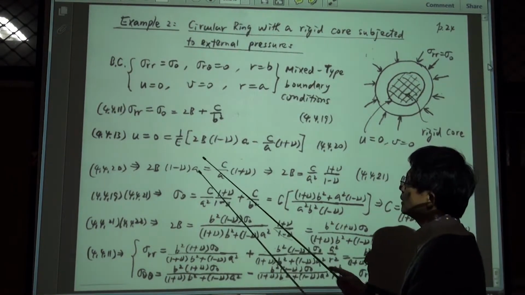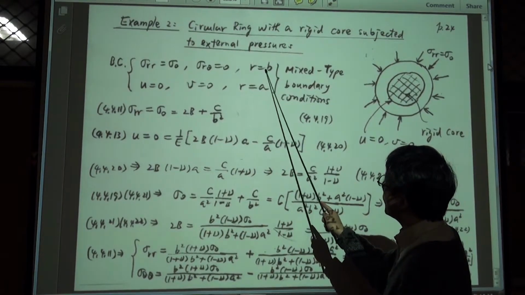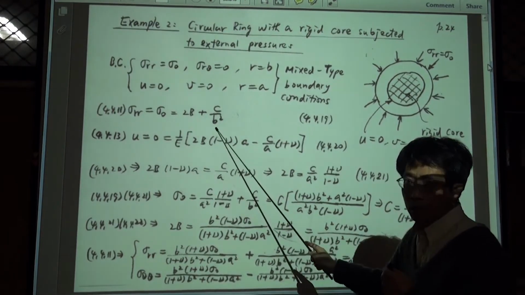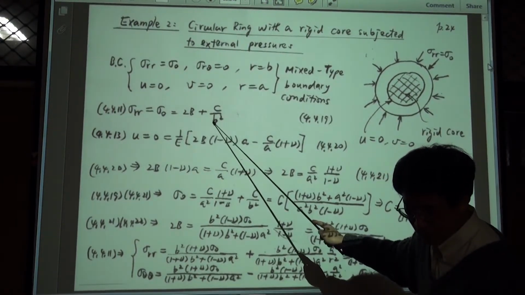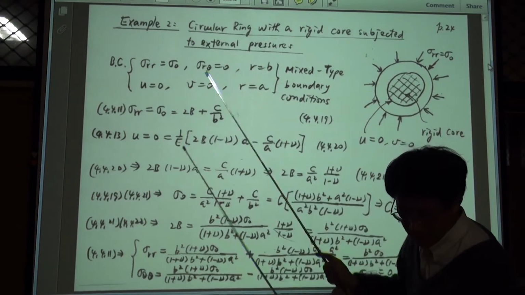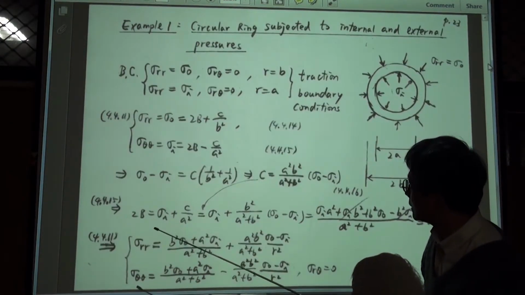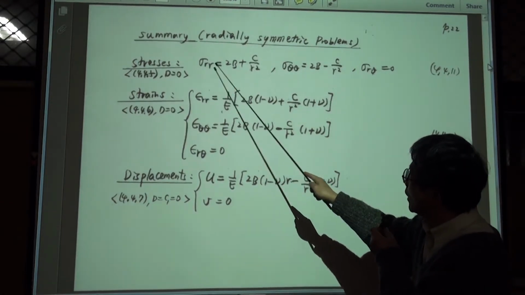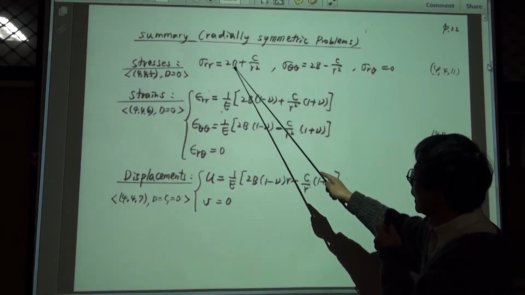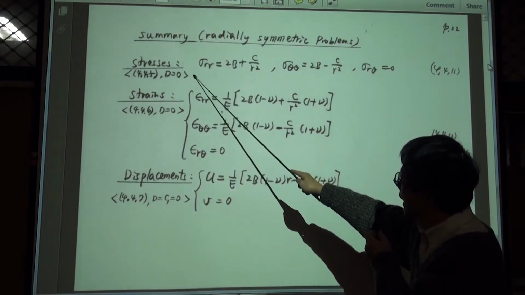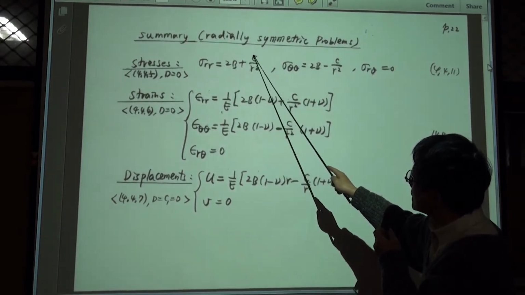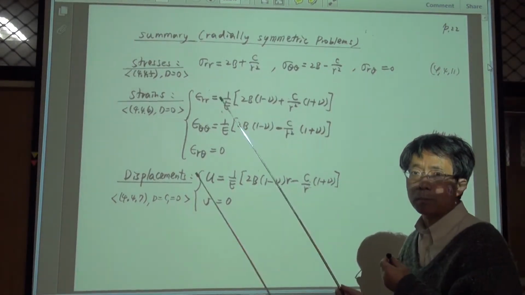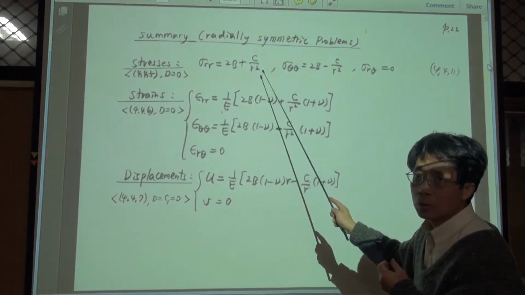Let us take a look. For the first condition, r equals b, we have the condition here. Remember, sigma r equals sigma 0 on the left hand side, and the right hand side is 2b plus c over little b squared, because on the outer boundary little r equals little b.